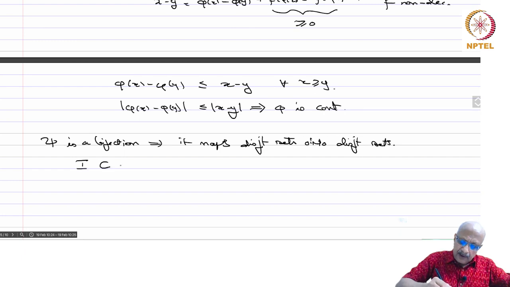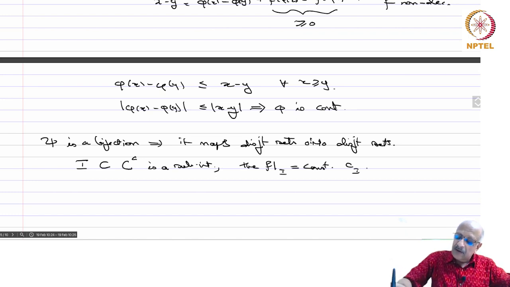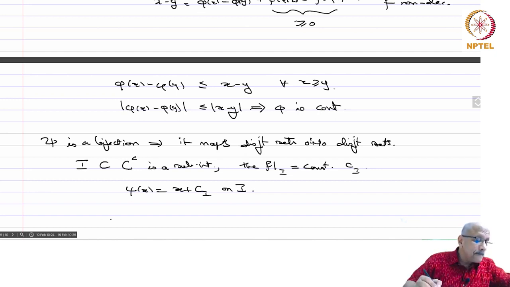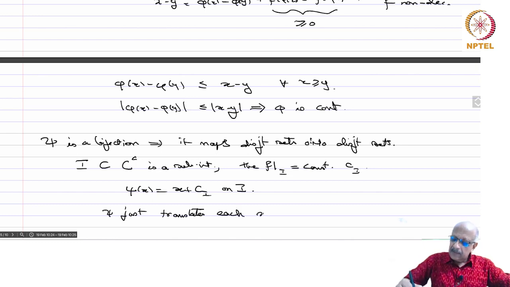So if I contained in C complement is a subinterval, then f restricted to I equals some constant, let's say c of I. Therefore psi of x equals x plus c_I on I. So psi just translates each subinterval of C complement.